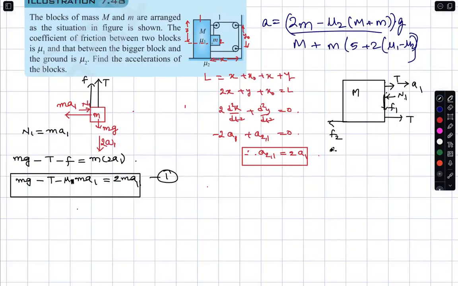So, sigma Fx condition gives 2T minus N1 minus f2 is, here one more force, N2. Sorry, 2T minus N1 minus f2 is ma1.